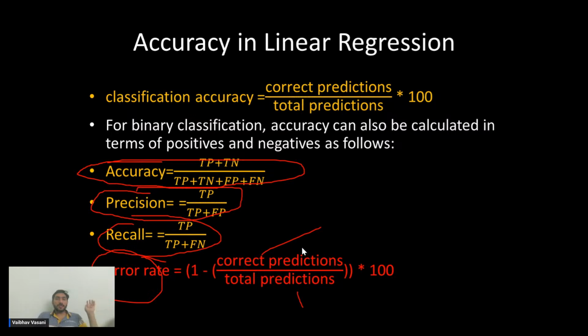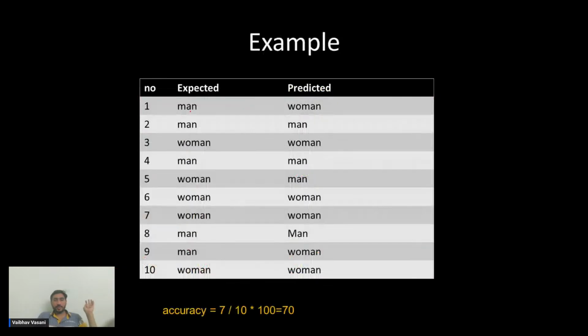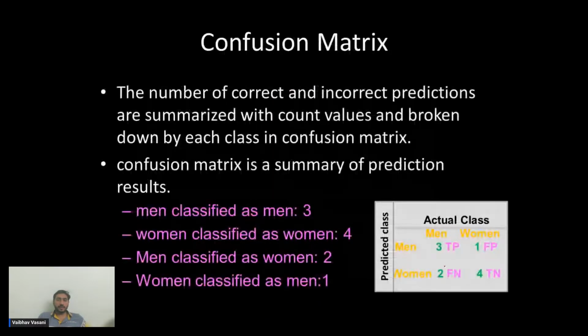For expected and predicted, a total of 7 are correct and 10 are wrong, multiplied by 100, we get 70% accuracy. This is a very simple example. To calculate that, we have a confusion matrix with predicted classes and actual classes.